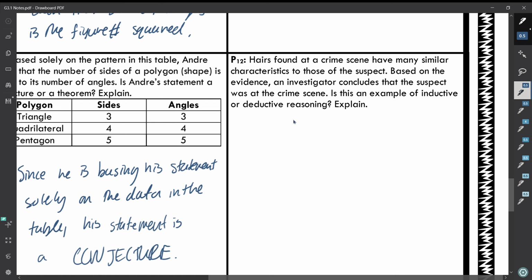So basically, he's looking at the hairs of a person using this specific evidence to conclude that the hairs at the crime scene were the person's. Okay, he doesn't know this for sure. He doesn't know that the person was at the crime scene. Okay, he's making a guess with a certain degree of accuracy based on this hair evidence. Okay, this is inductive reasoning.